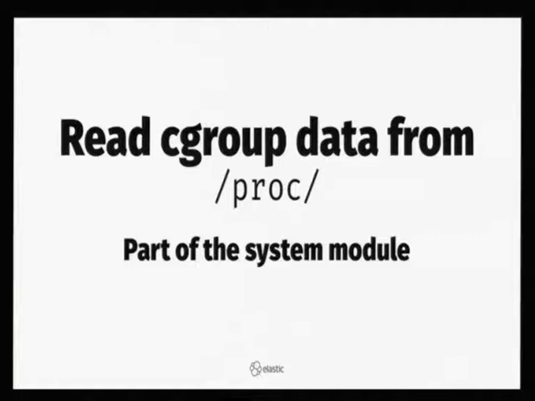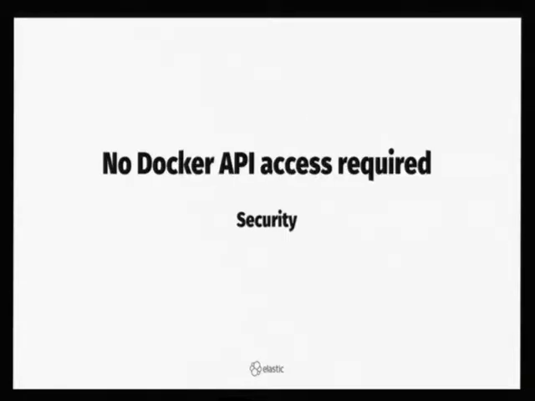How does it work with Docker? You can just read cgroup data from proc, which is already part of the system module, which is very nice because it doesn't need access to Docker. Because the downside is once you can access Docker, and then you could start, stop, or do whatever with your containers. And probably your logging system should not be able to do that.